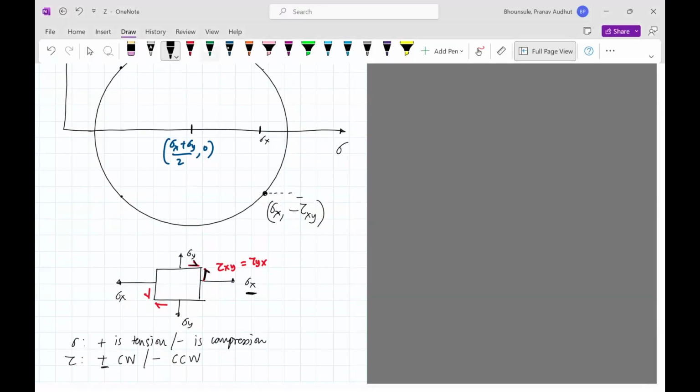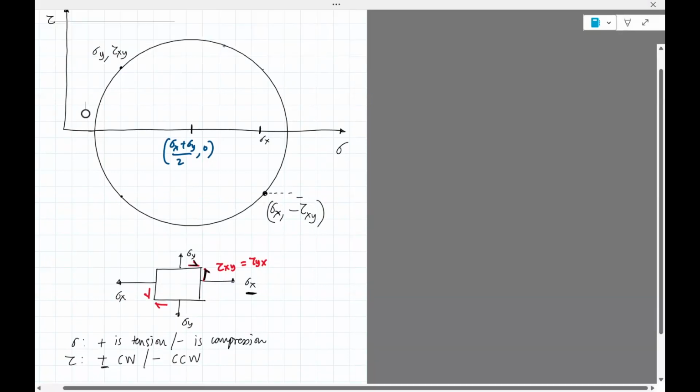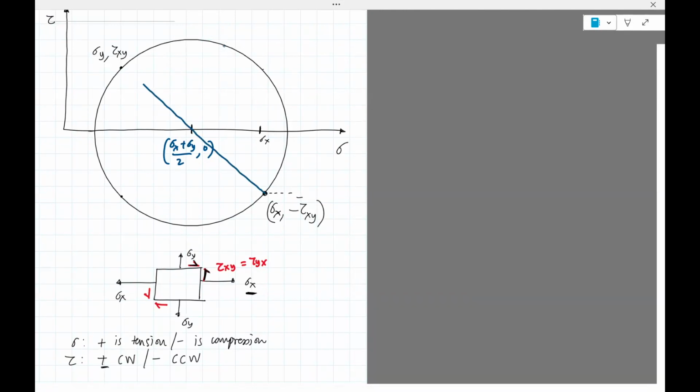And let me connect these 2 points by a straight line. Now they have to be the way I've shown because this is tau xy and this is minus tau xy. So they have to basically be ends of the diameter of the circle.